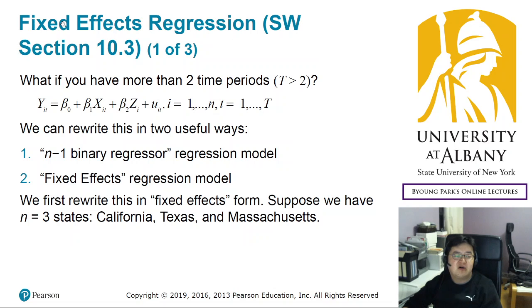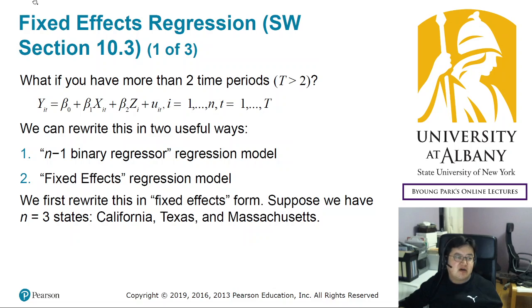Fixed effects. The name is fixed effects because there is an effect that is specific to, say, Tesla or New York State or California. So it is fixed, it does not change over time, and it is specific to an individual or a state.